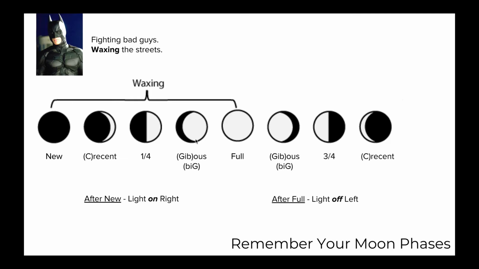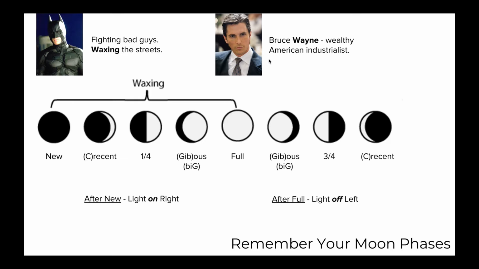After the new moon phase, they are waxing right along with Batman, getting brighter and brighter from the right. And once the streets are completely clear of criminals, they are at their brightest. This is also when there's a full moon. Batman is no longer needed, so he stops being Batman and goes back to his normal life of being Bruce Wayne.